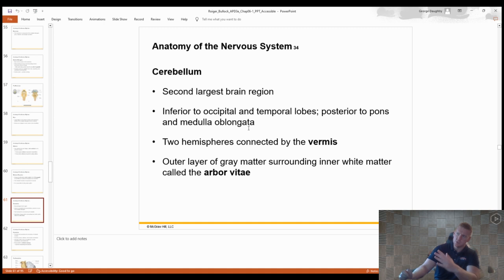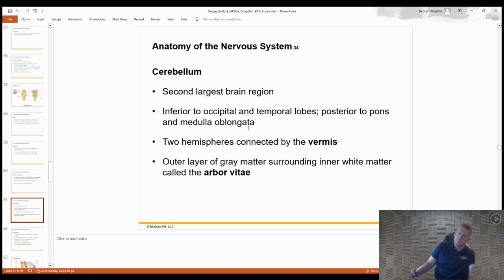So we were just on one side of the brainstem. Now we're on the other side, and the dividing layer is called the vermis. Okay, so we have the connection point that gives us our two hemispheres.